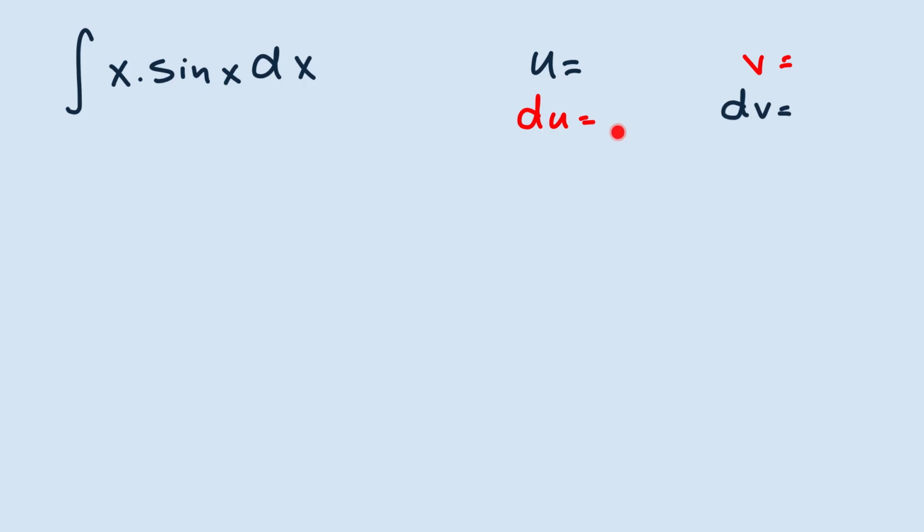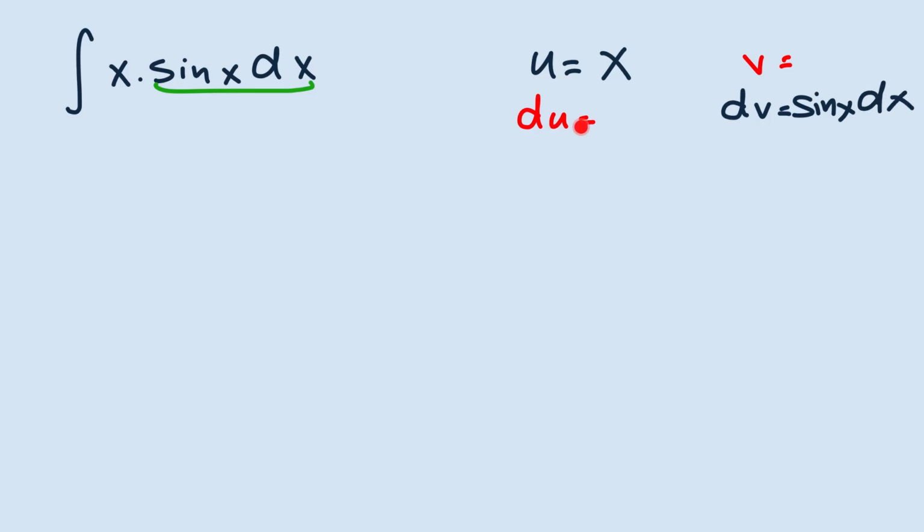Because when we differentiate it, we will get only 1. But if we set sine x equal to u, when we differentiate it, we will get cosine x. So it's not getting simpler or easier, right? So we will set u equal to x. And the remaining stuff, as we agreed, we will set as dv. So it will be sine x dx.